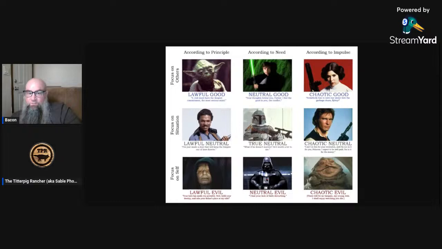No. Okay, here's the thing. This is what people don't get about the alignment chart. The emotional fulfillment is the columns. It is the left to right. That's the emotional fulfillment the character is seeking. The top to bottom is how they fulfill that need, or that requirement, so to speak.